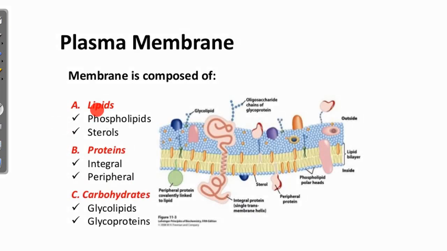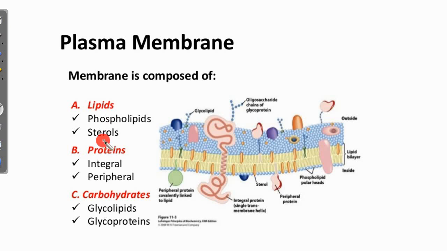They are made up of lipids, proteins, and carbohydrates. The lipid parts are mainly phospholipids and steroids. The protein parts are mainly integral and peripheral proteins, and carbohydrates are mainly glycoproteins and glycolipids. We are going to discuss each of them in detail.